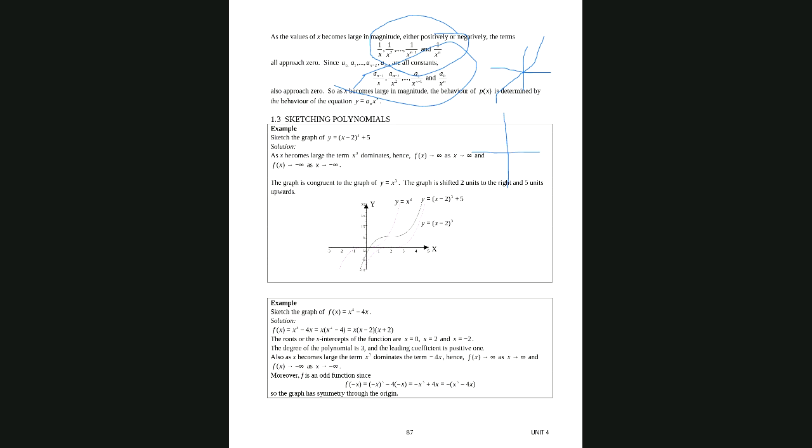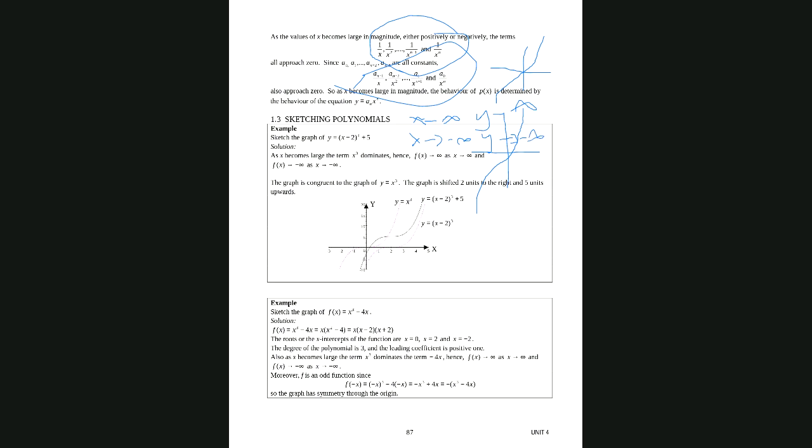We already know the end behavior that as x approaches positive infinity, y will also approach positive infinity. And as x approaches negative infinity, y will also approach negative infinity.